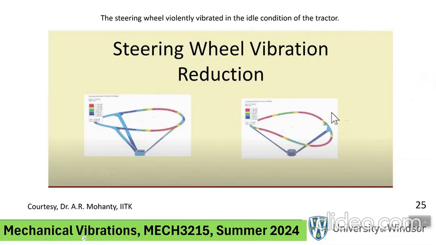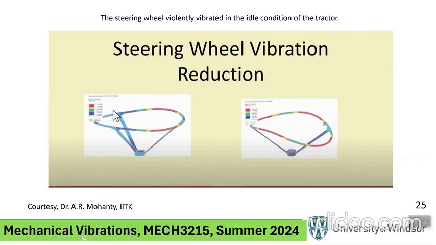Okay, now it's obvious that the natural frequency of this steering wheel matched the operating condition, and you have to basically redesign this so that you eliminate the possibility of resonance.